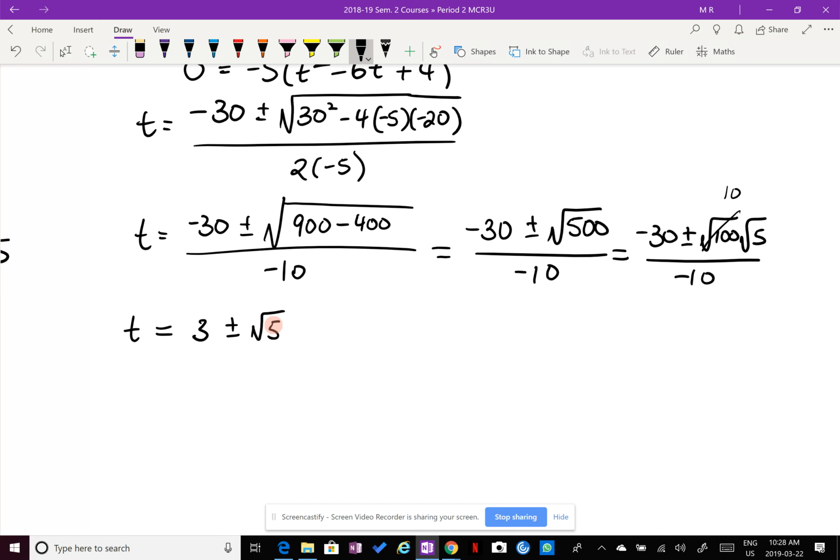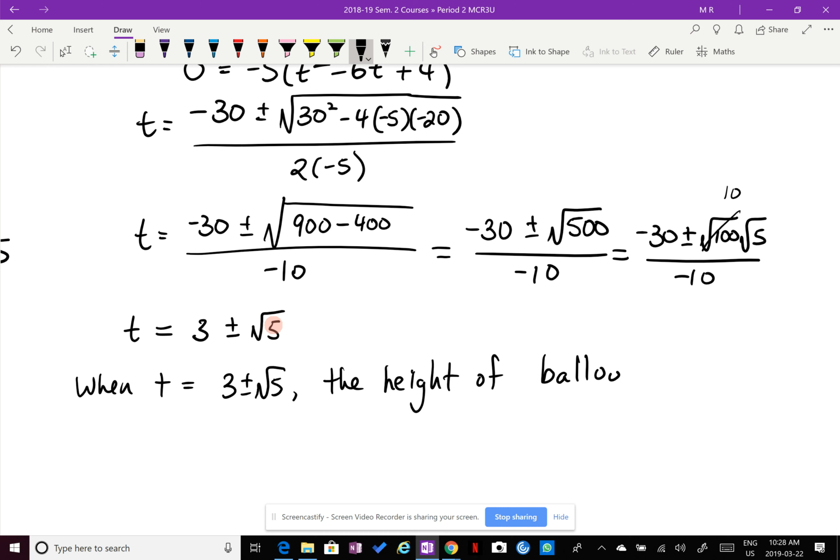So when t equals 3 plus or minus the square root of 5, the height of the balloon is 30 meters. Okay, so two values of t where the height of the balloon is 30 meters.